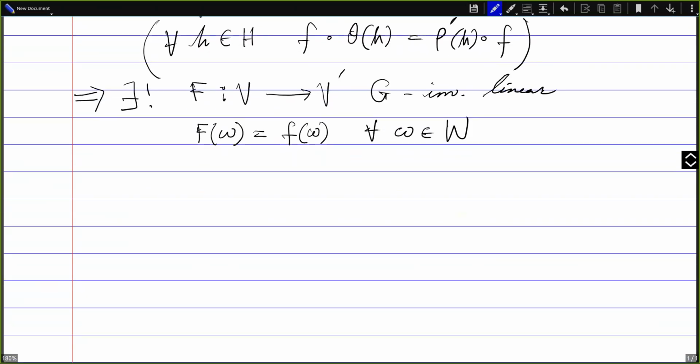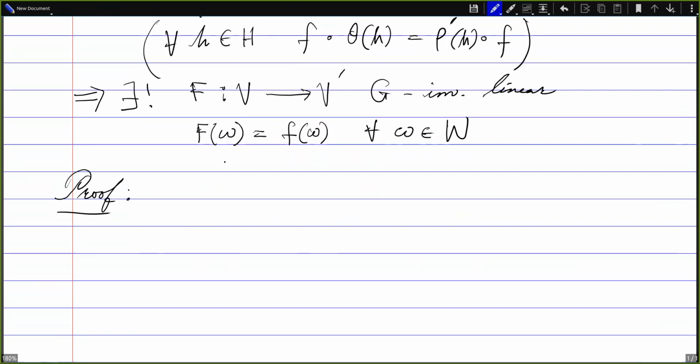So let's now go for its proof. The proof of this is again not difficult. First, we will show the uniqueness, then we will show the existence.